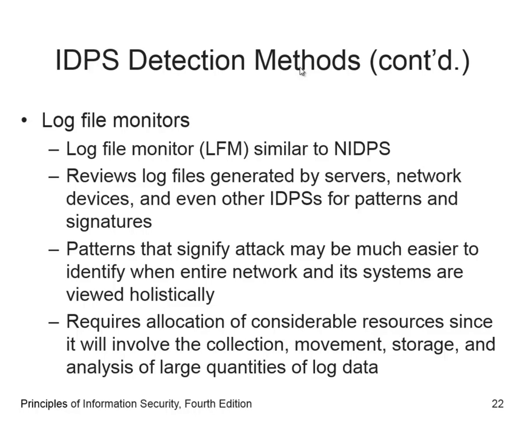The patterns that signify an attack can be subtle and hard to distinguish when one system is examined in isolation, but they may be much easier to identify when the entire network and its systems are viewed holistically. Of course, this approach will require the allocation of considerable resources, since it will involve the collection, movement, storage, and analysis of very large quantities of log data.